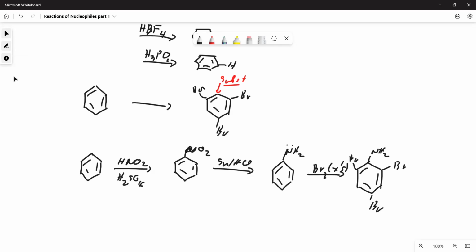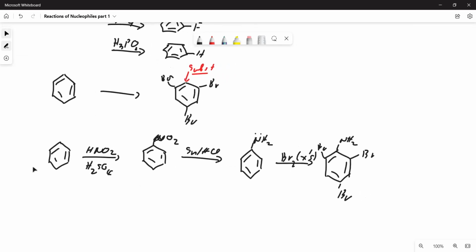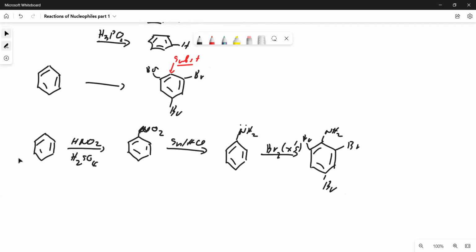So now we have positioned the bromine ortho to the amino group. So all we have to do is remove the amino group. How? Well, you convert that first to diazonium salt by reacting it with nitrous acid, so that you will have bromine here, bromine here, bromine here.